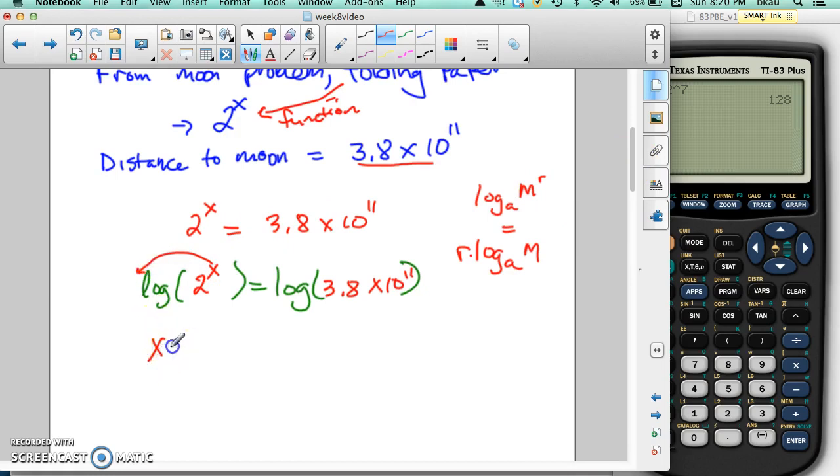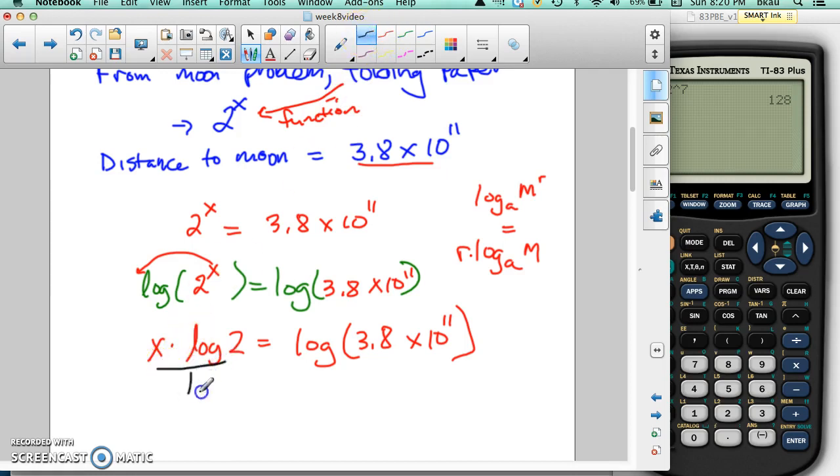So we can write x times log of 2 equals log of 3.8 times 10 to the 11th power. In solving this equation, all we would need to do is divide both sides by log of 2. Log of 2 is also a decimal found in your calculator. And once we've done that, that gives us the x value that we're looking for.